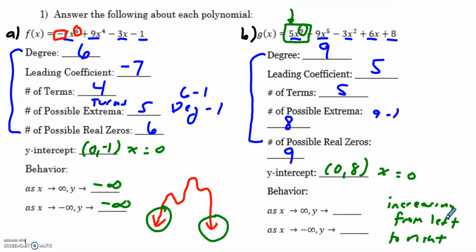And so it would probably look something like this. Now this is not perfect, but it would probably have something going on in the middle, but it would look more like a cubic than a parabola. So my end behavior increasing from left to right would be here and here. So as x goes to the right, the y values go up to infinity. So this would be infinity here. And as x goes to the left, my graph goes down towards -infinity. So this would be -infinity here.